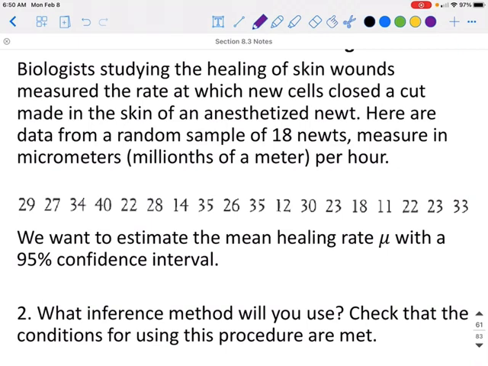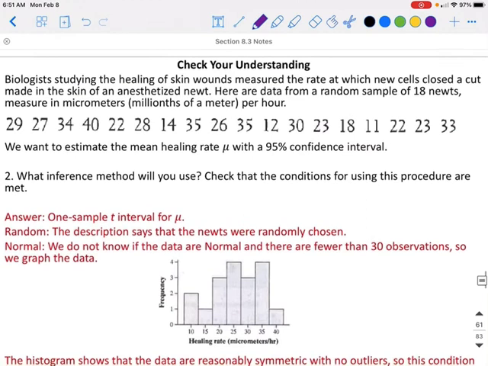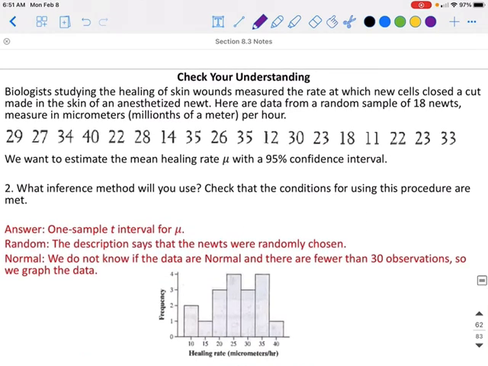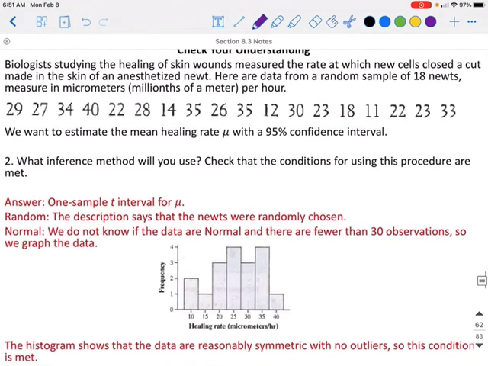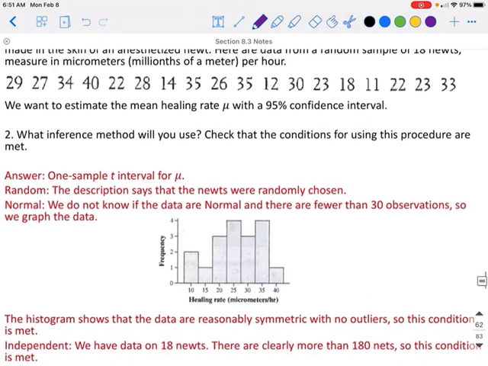So we do need to graph our data and make sure that it's roughly symmetric with no outliers and that there's no huge skewness. So if we make a graph or a histogram of our data, we can see that the histogram shows that the data are reasonably symmetric with no outliers, so we can go ahead and check off that normal condition.